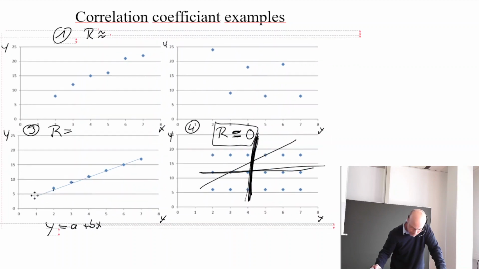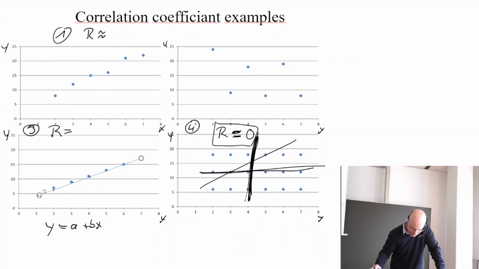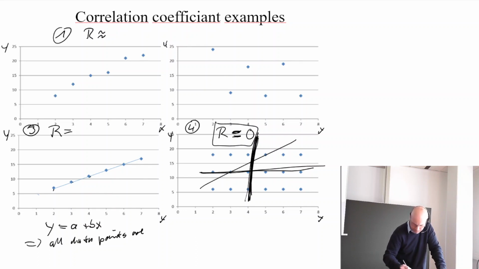Then we see here all data points are on the line, and this means R is 1.